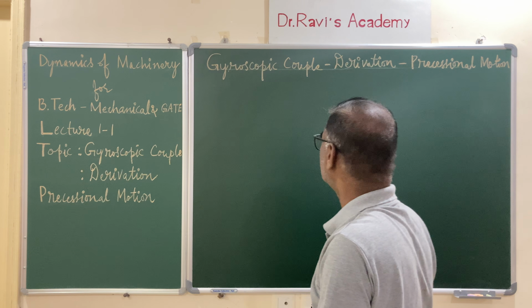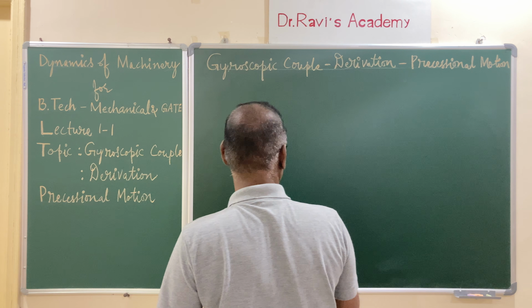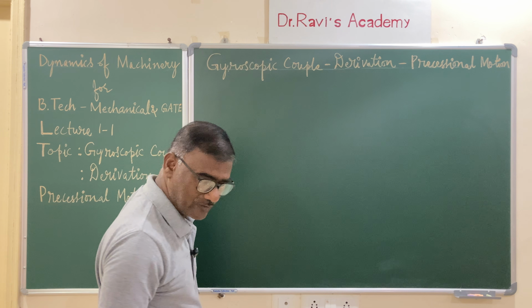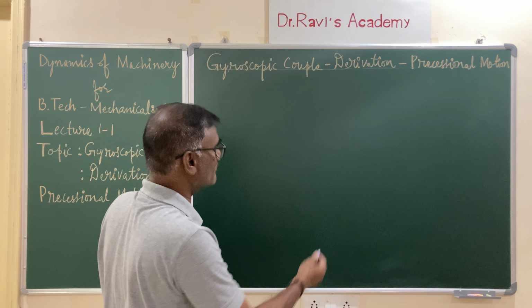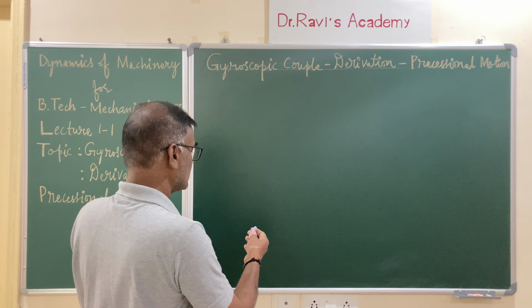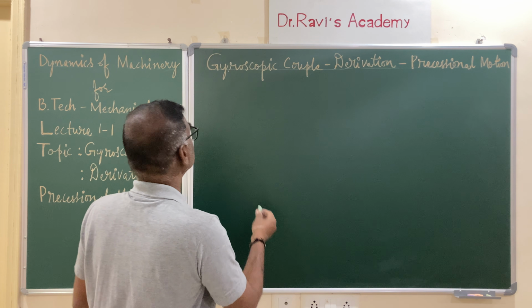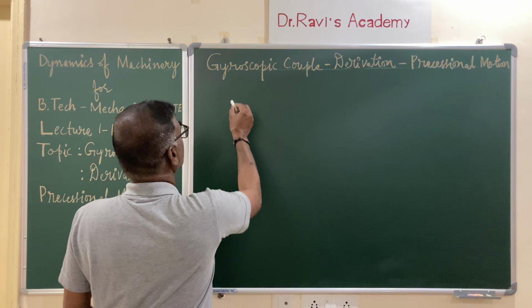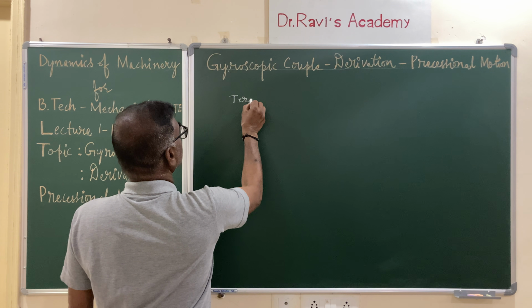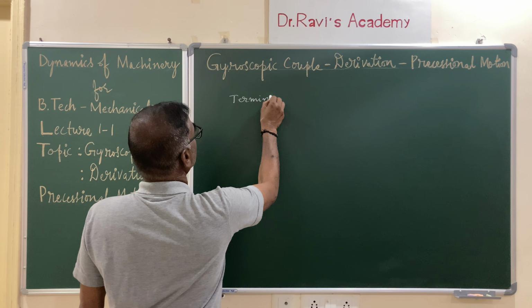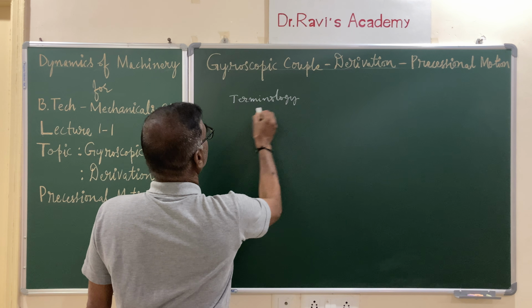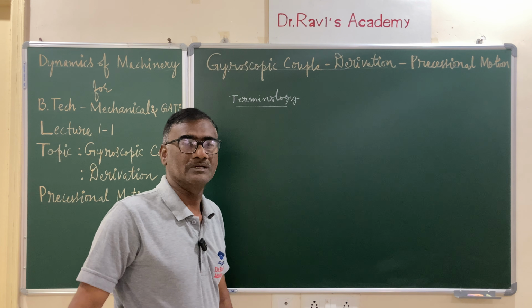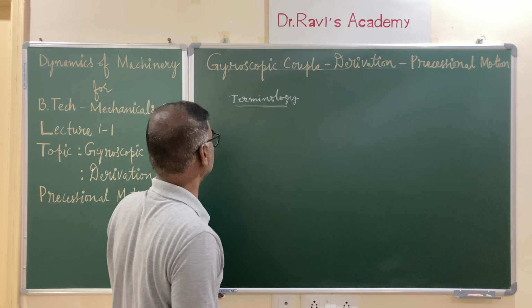So now let us draw the schematic diagram of this. Before proceeding to the schematic diagram of this circular disc, let us understand the terminology involved in precessional motion or gyroscopic couple.